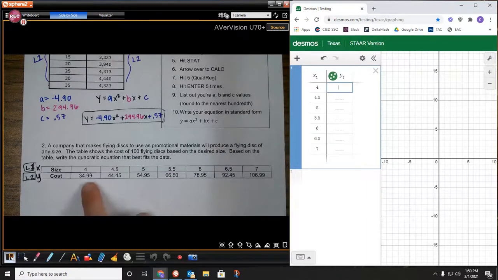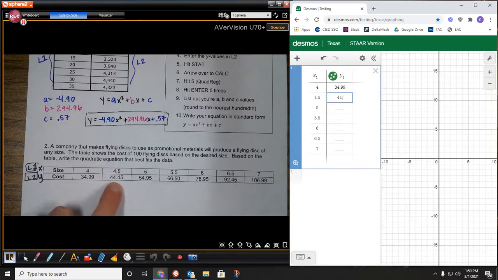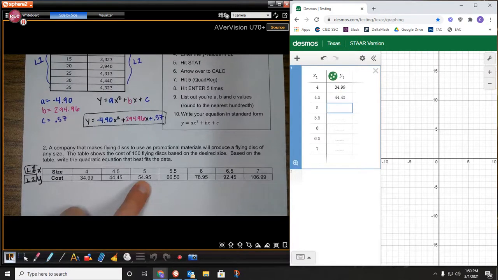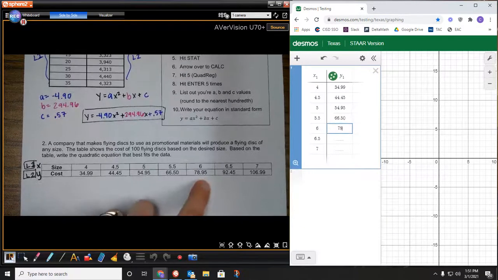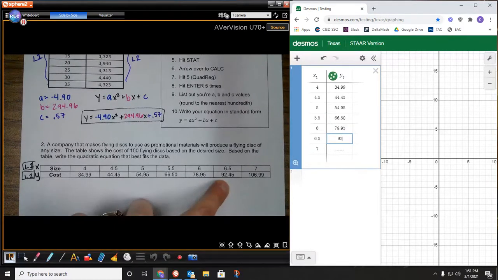And then I'm going to put my other values here. So that's 34.99, and that is 44.45. And I go to my next y, which is 54.95, 66.50, 78.95, and 92.45, and 106.99.